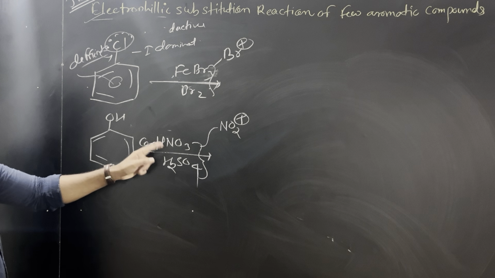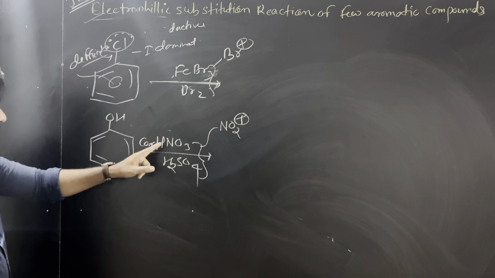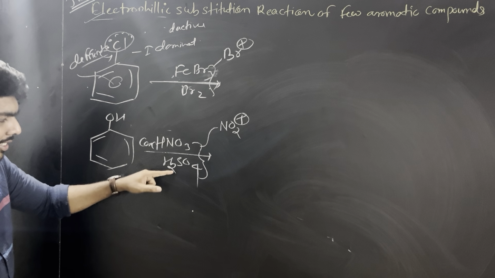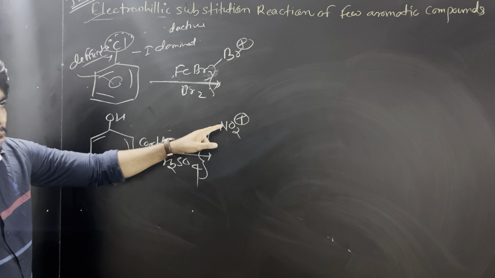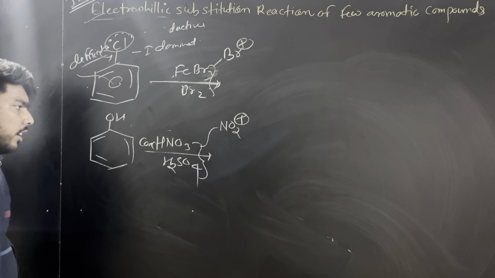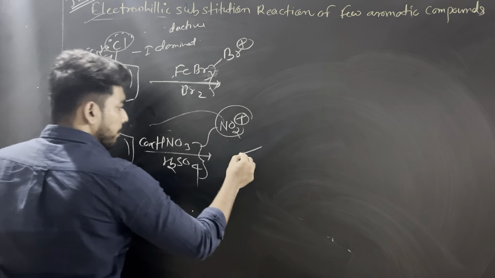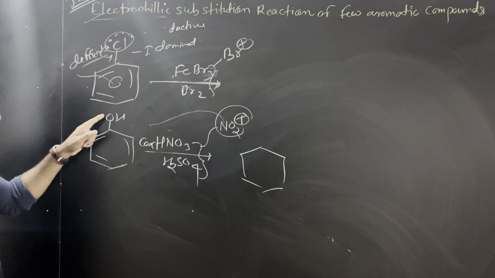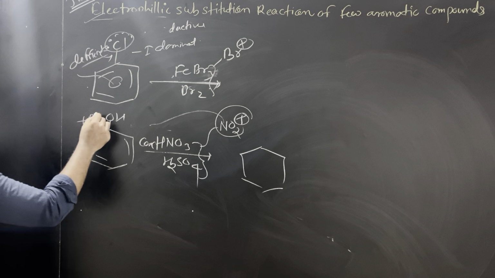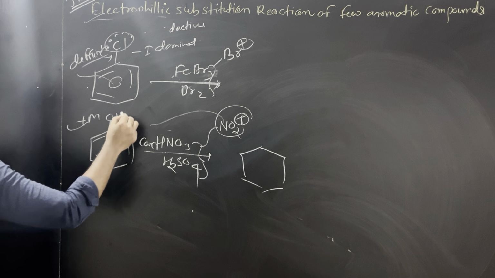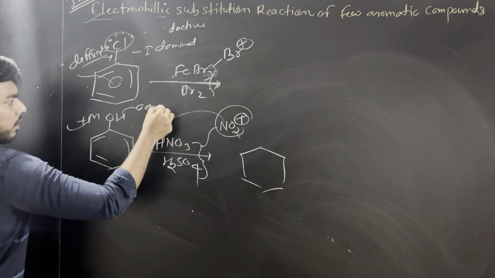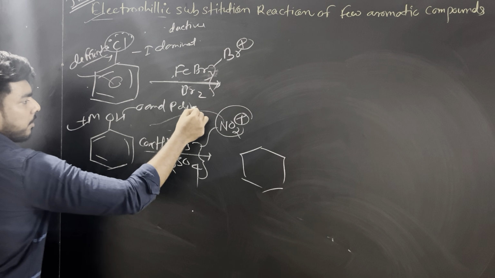It is necessary that we know this: nitric acid and sulfuric acid combined make the NO2 plus electrophile. Now this NO2 plus electrophile attacks this particular position. Actually this OH will apply a plus M effect. That's why it is an ortho and para directing group.